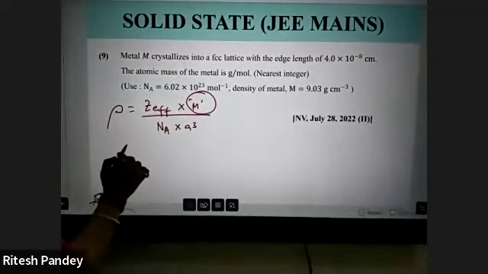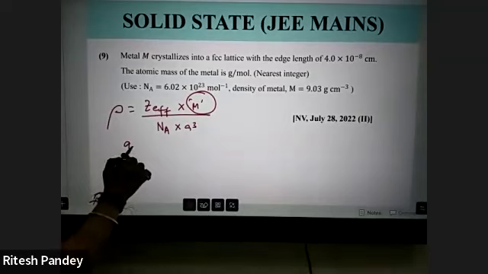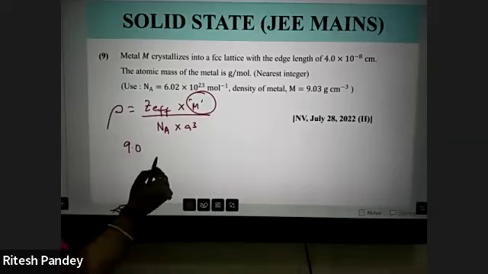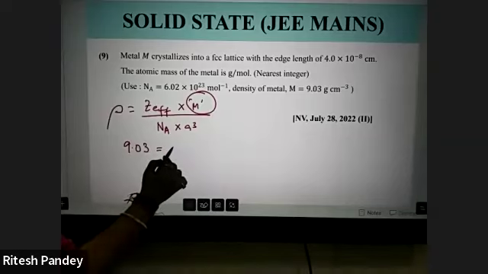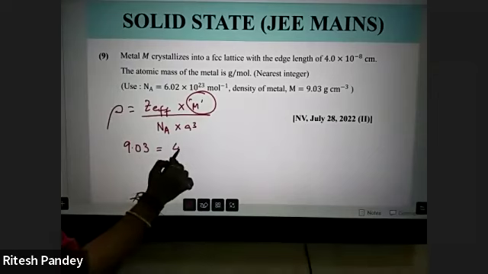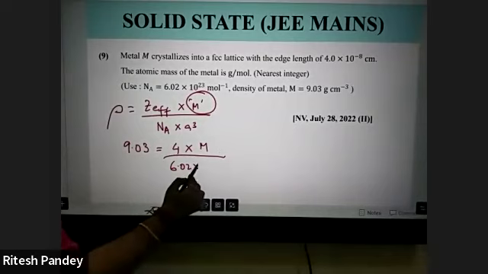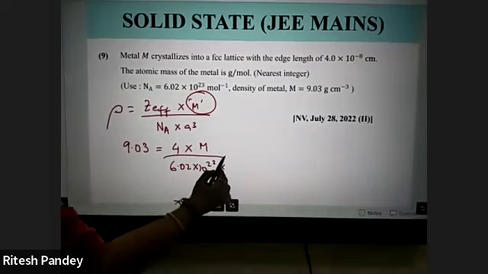This is exactly what I'm looking for. Rho is given as 9.03. The Z effective for FCC would be 4. Avogadro number, I'll go by the value given.